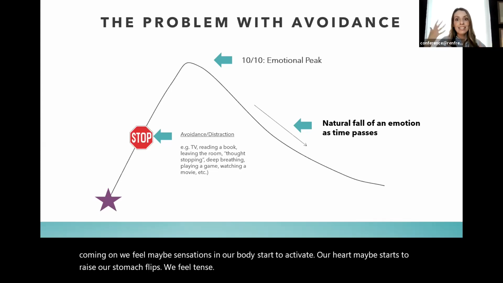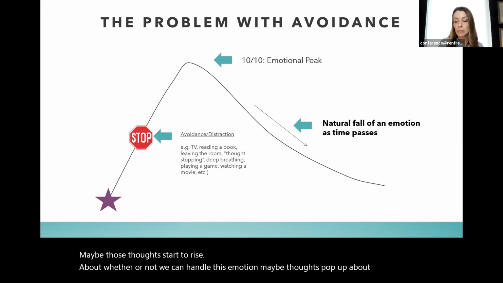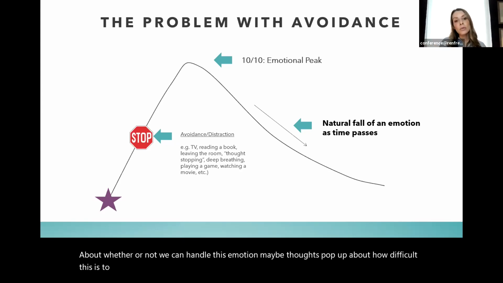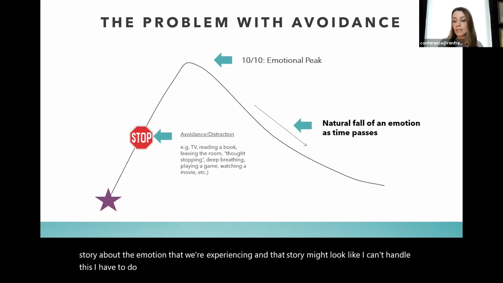Maybe thoughts start to rise about whether or not we can handle this emotion, about how difficult this is to experience. And we get to a point where that stop sign is, where we tell ourselves a story about the emotion that we're experiencing. And that story might look like, I can't handle this. I have to do something to escape this emotion.